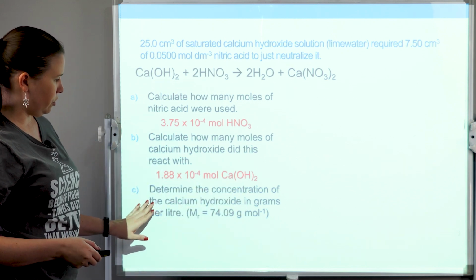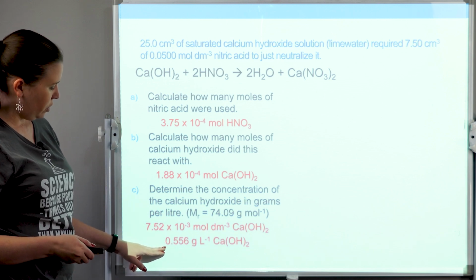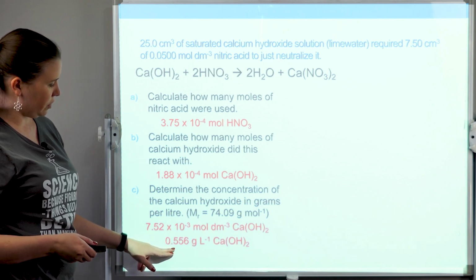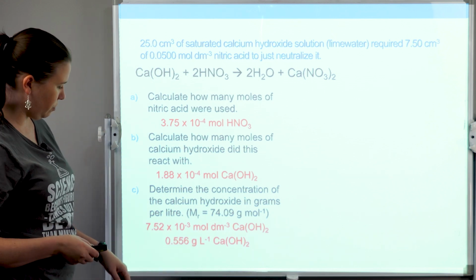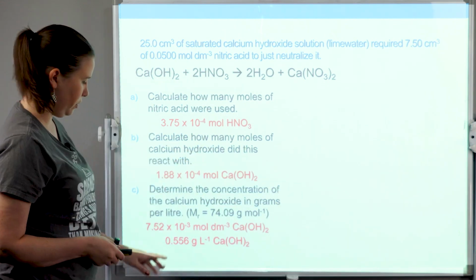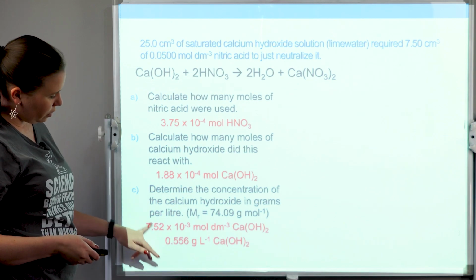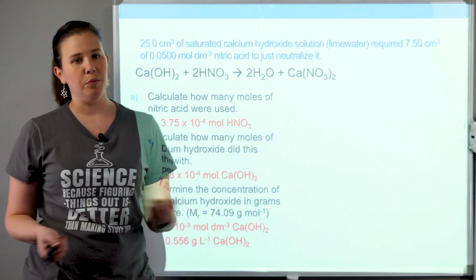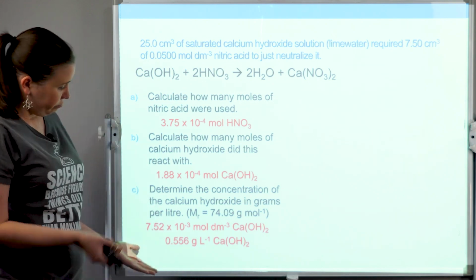Then for our concentration in grams per liter, final answer down here at the bottom, 0.556 grams per liter, or 5.56 times 10 to the negative 2. Should have been to the negative 2 over there, grams per liter on our calcium hydroxide. So I'll take it either way in scientific notation or not. IB does tend to lean more towards scientific notation given the chance most of the time.